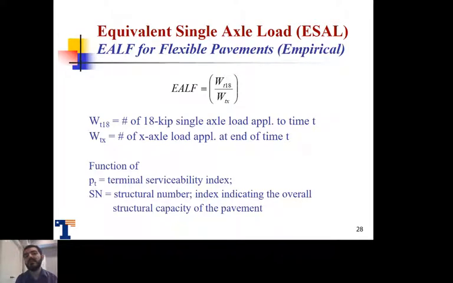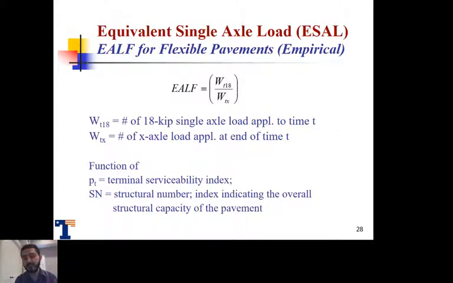As I said, that ratio Wt18 over WtX is the equivalent axle load factor. Wt18 is the number of 18 kip single axle load applications to time t, and WtX is the number of axle load applications at the end of that time.